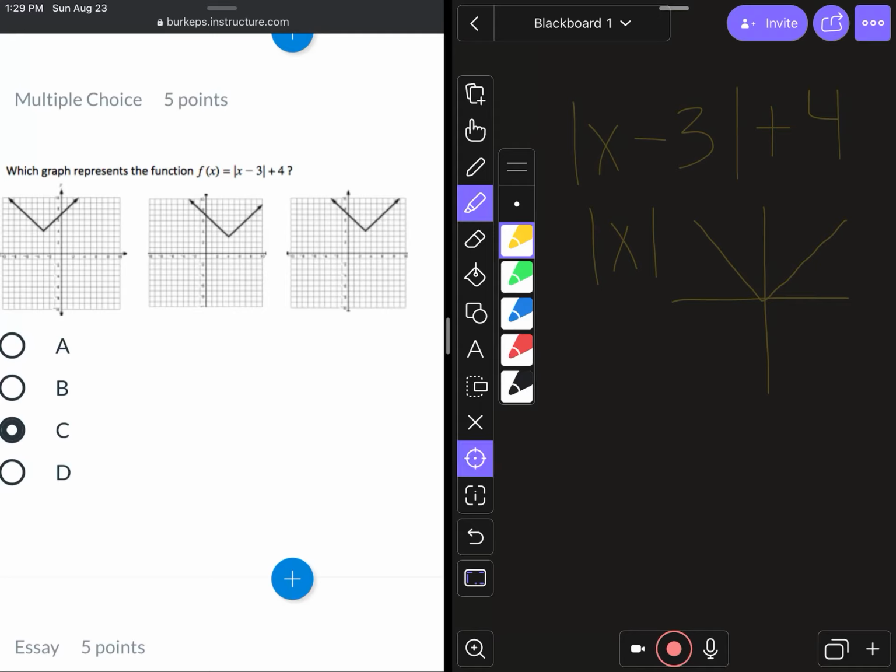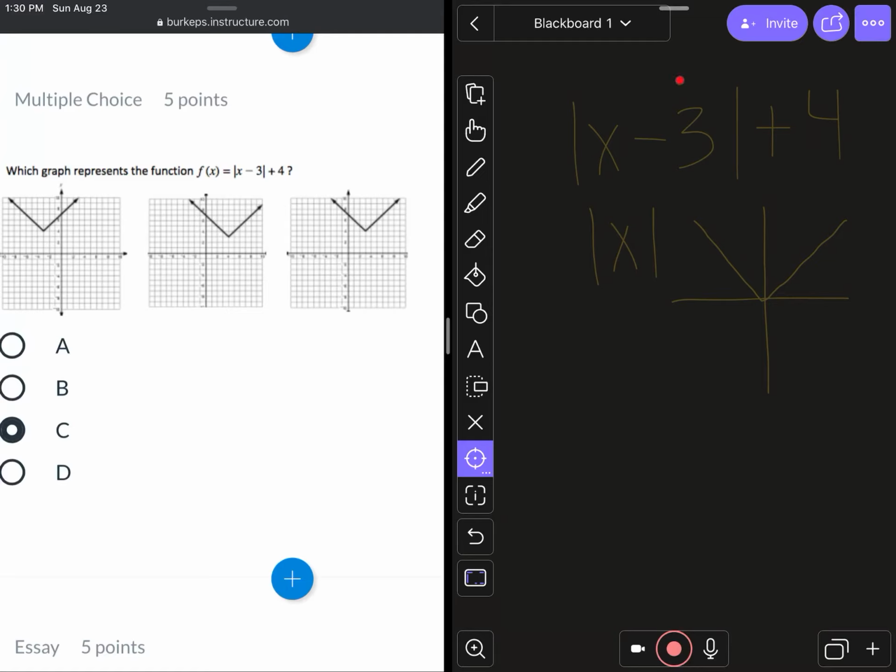Now, once you understand that the absolute value of x looks like this, these two numbers right here, that minus 3 and that plus 4, are going to shift that graph around. And here's how they're going to shift them. One of the numbers, either the minus 3 or the plus 4, is going to move it up and down. The other number is going to move left or right.